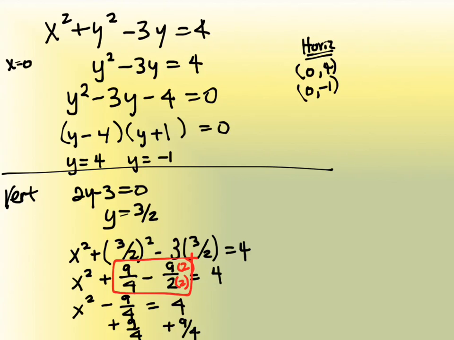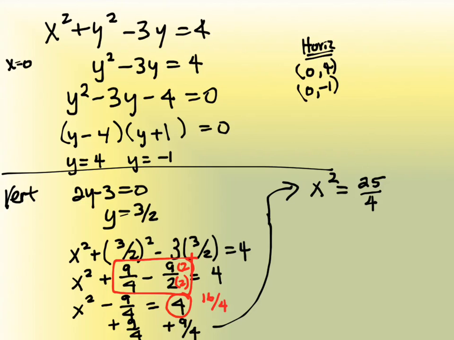And I can also change this 4 to have a common denominator of 16 over 4. So now I have x squared on the left. What is 16 over 4 plus 9 over 4? 25 over 4, which is very friendly.